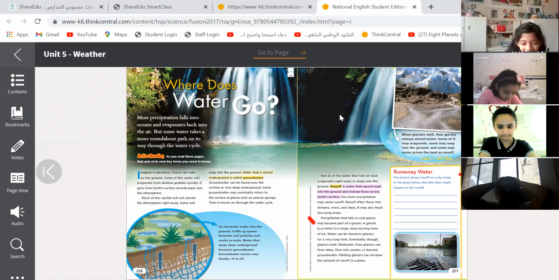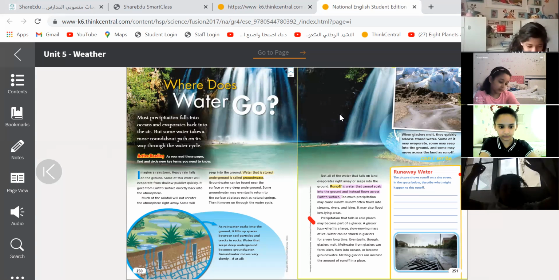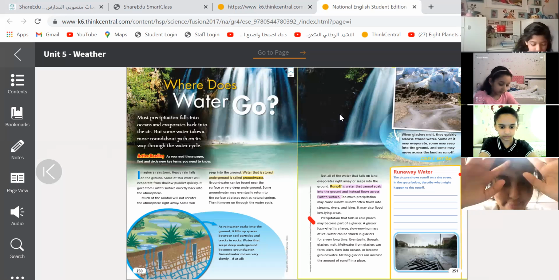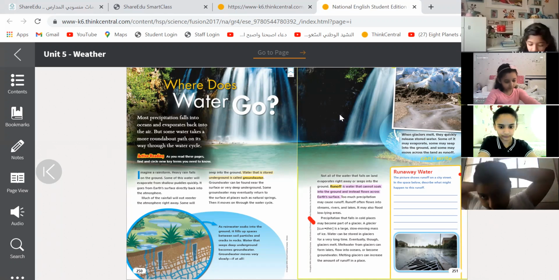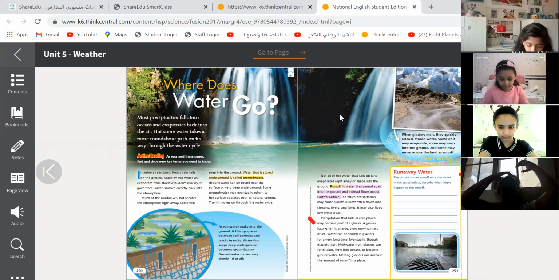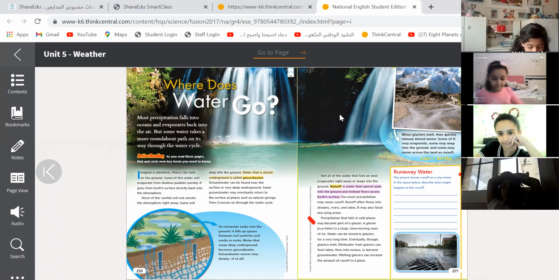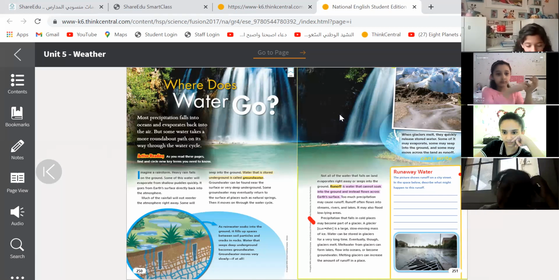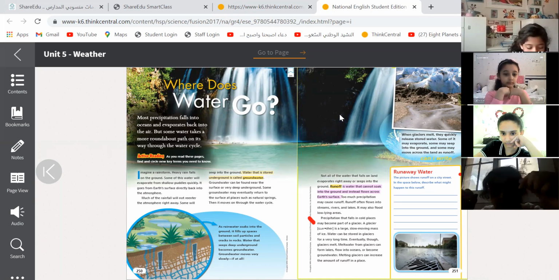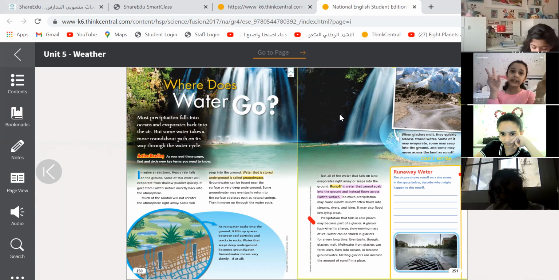Okay, you can call some places runoff because you run to it, yes, but here in the water cycle, we use the word runoff because the water will run into a river or a lake or sometimes a waterfall.